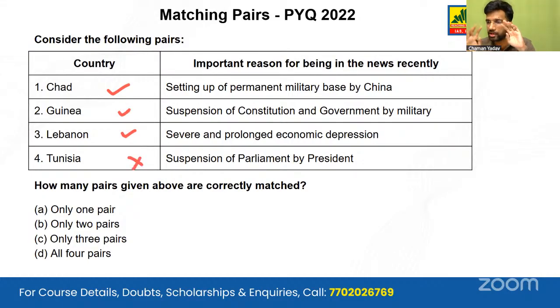And for statement 2 and 3, you know the right answer is the statements are correct. Even in this case, you will mark C, only three pairs, as the right answer. But fundamentally, your knowledge gap is there, and you have got this question correct out of sheer luck that only three pairs are correct. Your knowledge gap was evident, but you still managed to do so because of your luck.